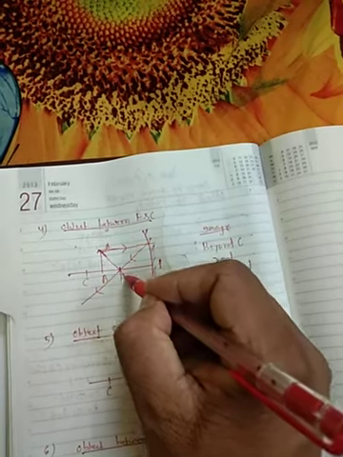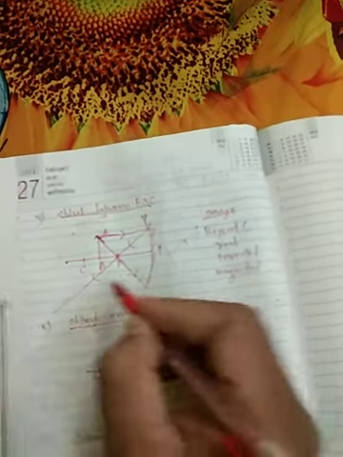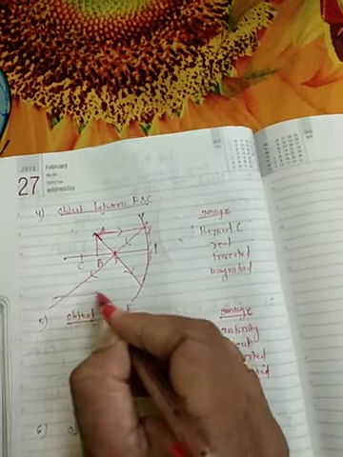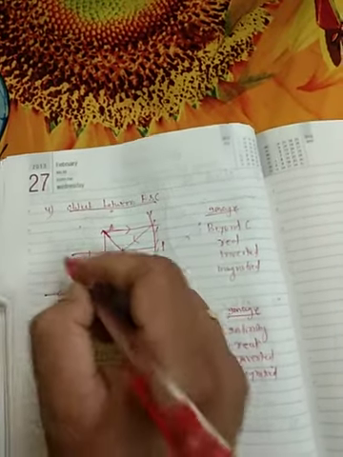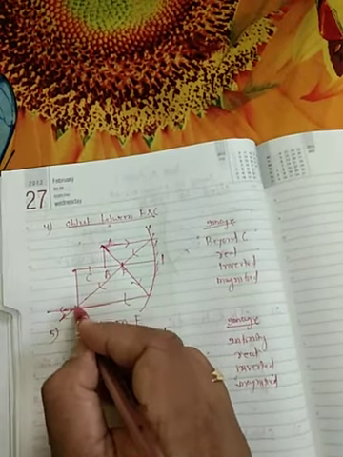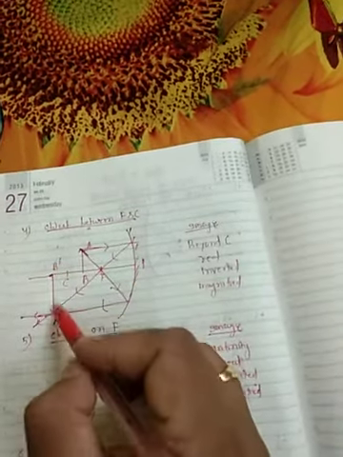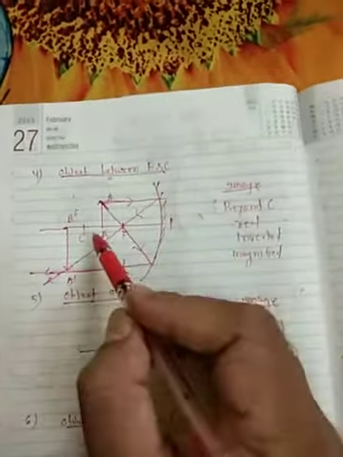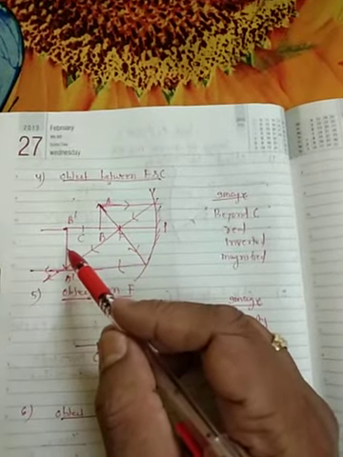If you take it through focus, after reflection it will be parallel. So this is your image, A dash B dash. This is beyond C, real, inverted and magnified image. If you see, this is just the opposite case of the second. If the object is beyond C, then the image is between C and F. If the object is between C and F, then the image will be beyond C.